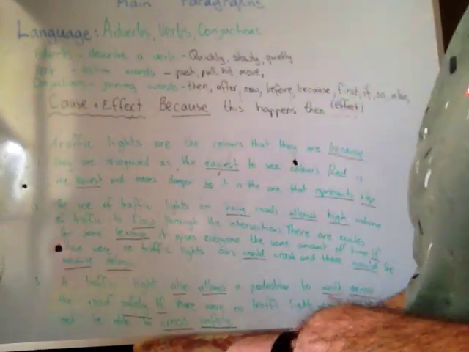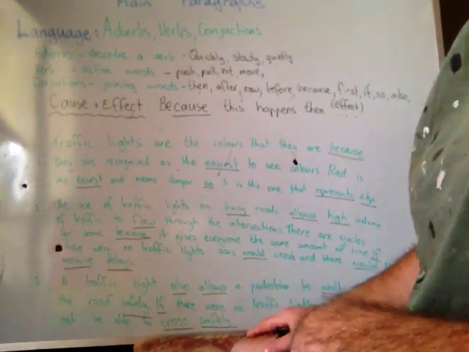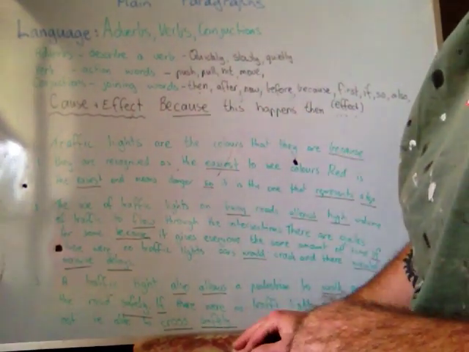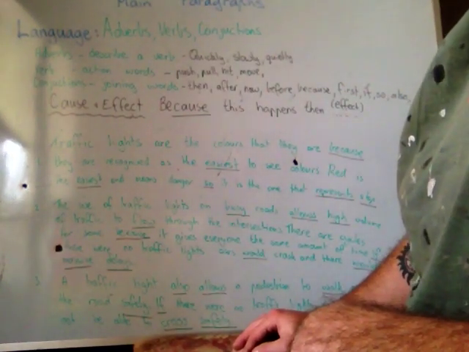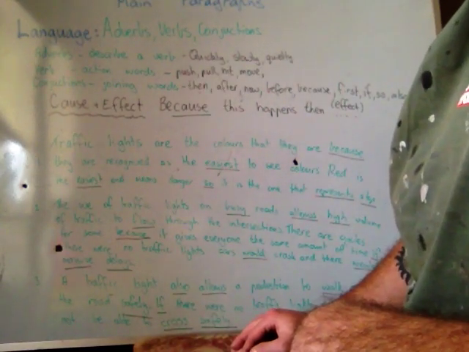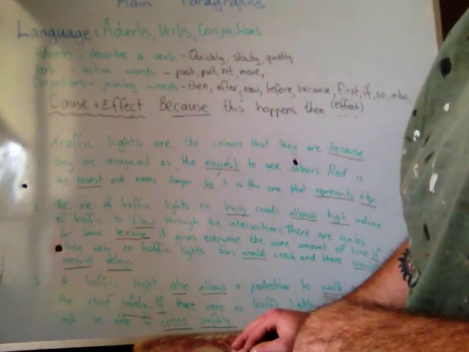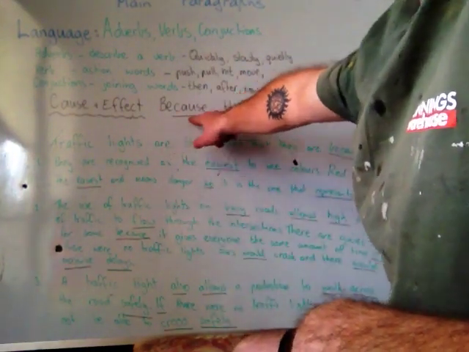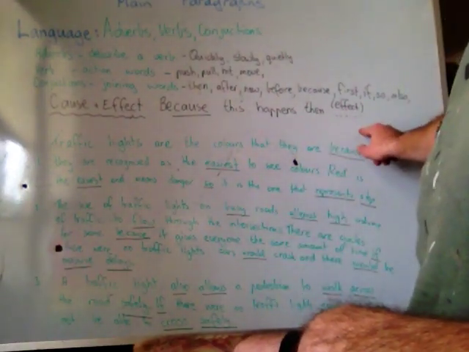Any one of those conjunctions could be used in any form of writing, but definitely important in an explanation report. And the main important thing to remember is that in an explanation report there is a cause and effect. We have done a little bit of work on it, not a great deal, but remember, cause and effect. Because something happens, then there's an effect.